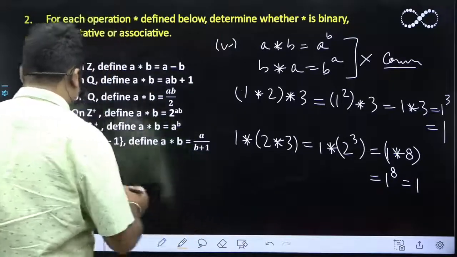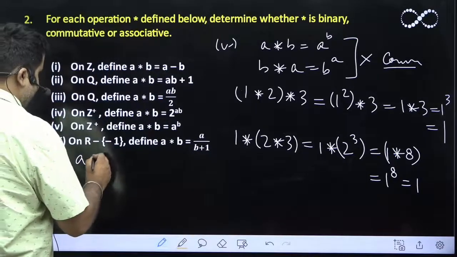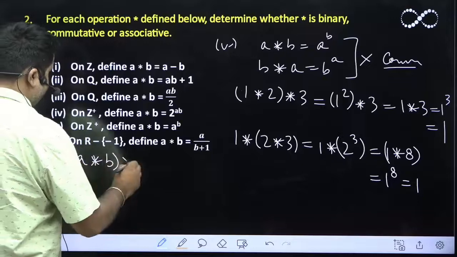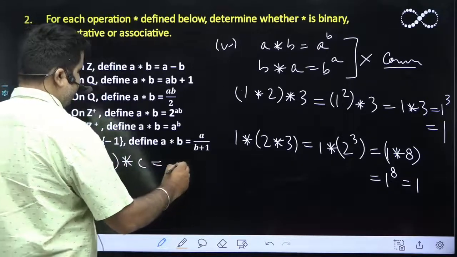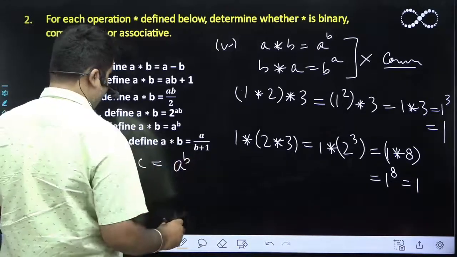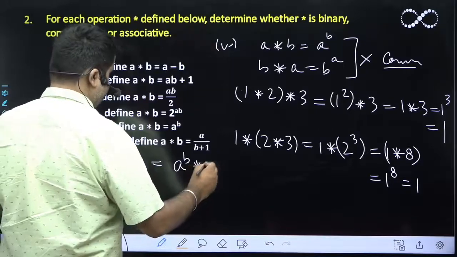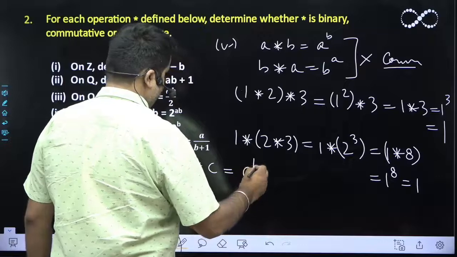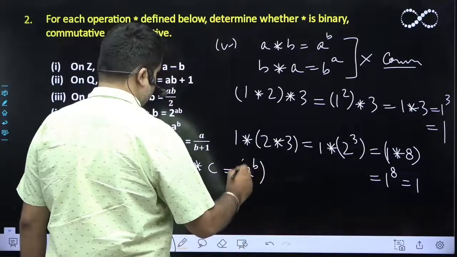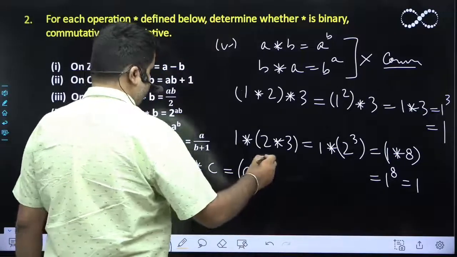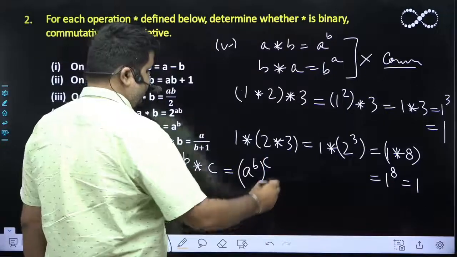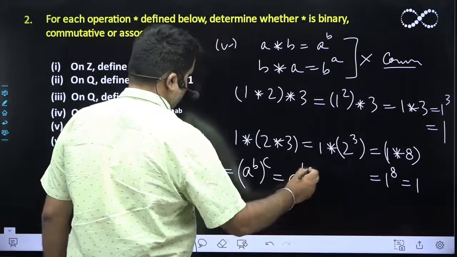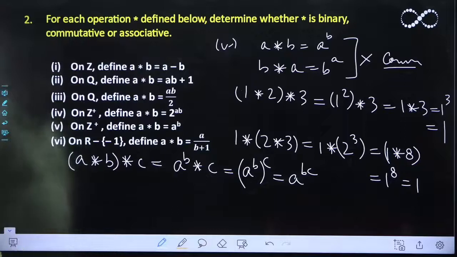Or you can just simply say, if you have A star (B star C), this is nothing but A to the power (B star C), which is A to the power B to the power C, which is nothing but A to the power BC, right?